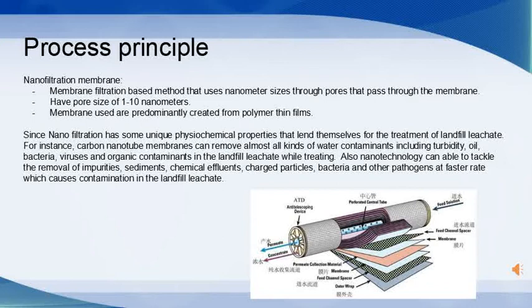Nanofiltration has some unique physiochemical properties that lend themselves to the treatment of landfill leachate. For instance, carbon nanotube membrane can remove almost all kinds of water contaminants, including turbidity, oil, bacteria, viruses, and organic contaminants in the landfill leachate while treating.